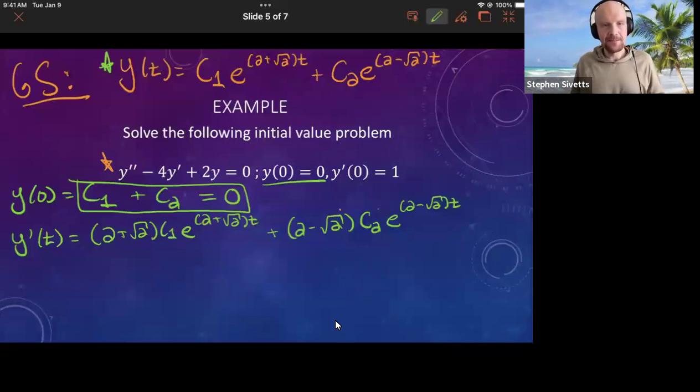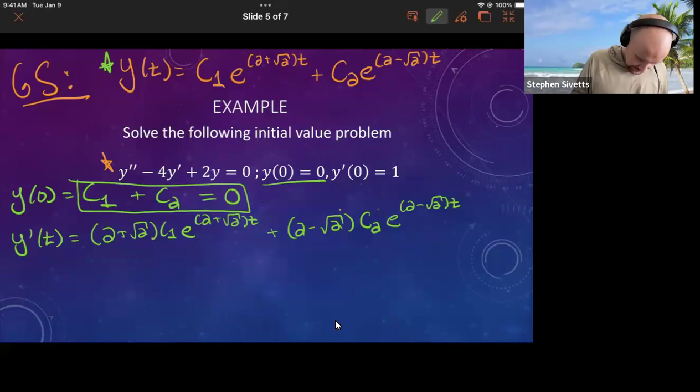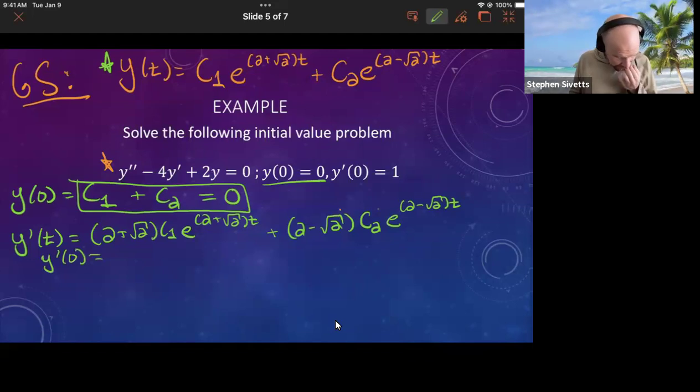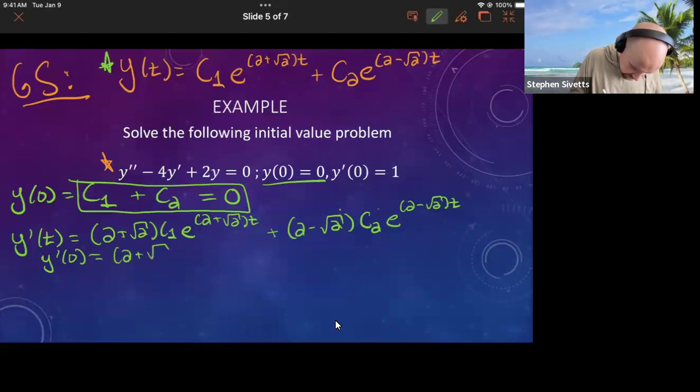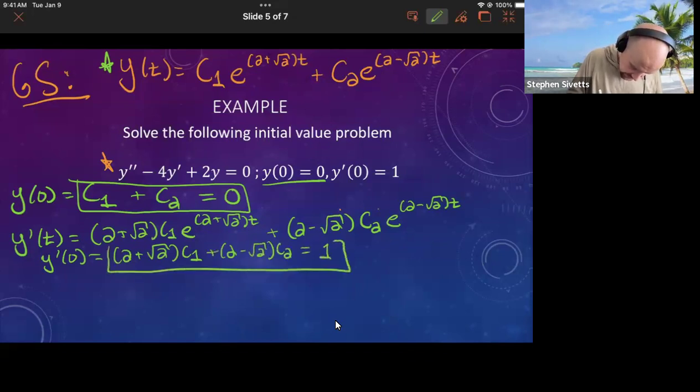Right? Okay. And so when t is 0, we'll have 2 plus root 2 times C1 plus 2 minus root 2 times C2 is equal to 1. So this is the other equation that we're going to use.